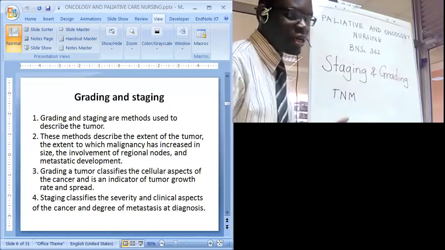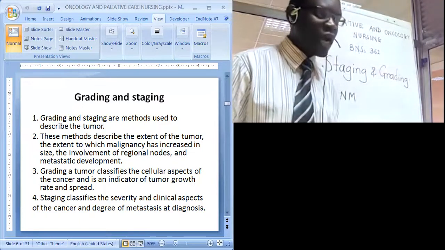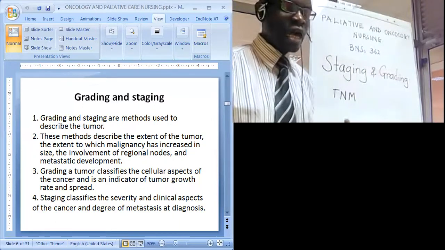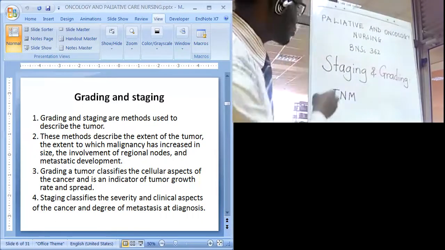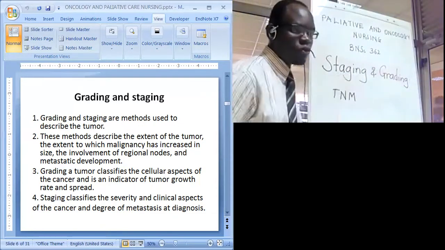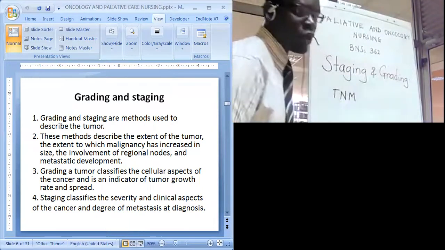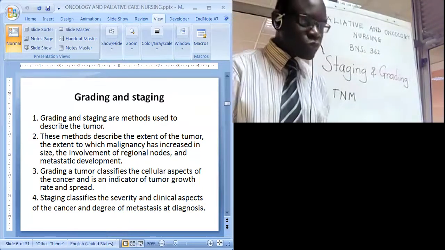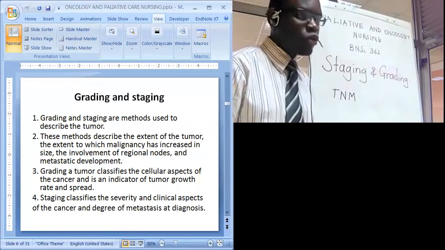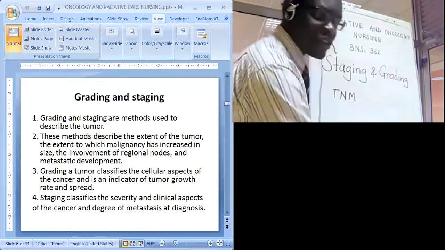And then staging classifies the severity and clinical aspects of the cancer and the degree of metastasis at diagnosis. So with staging, we are talking about the degree of metastasis at diagnosis, and with grading, we are looking at aspects of tumor growth rates and how far it has spread to other adjacent areas.